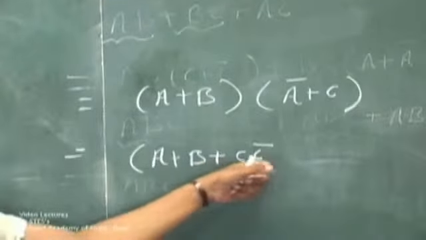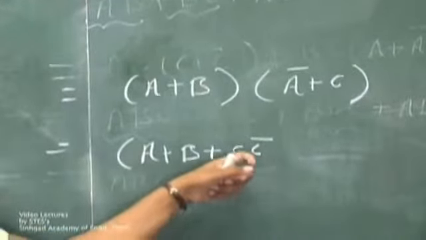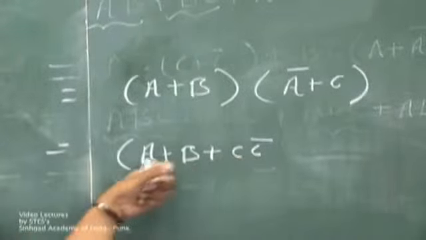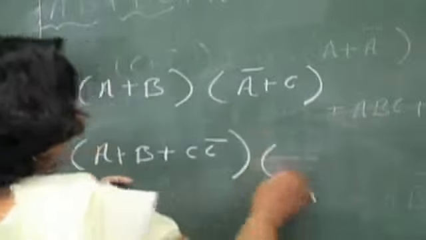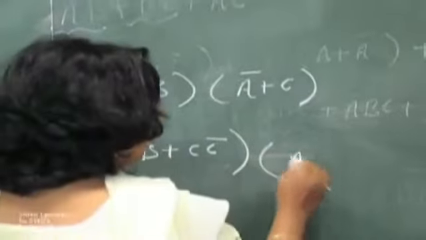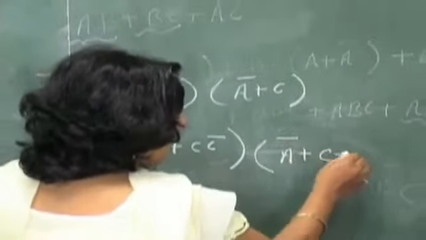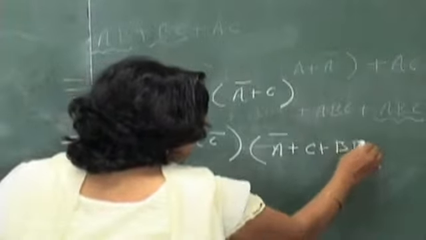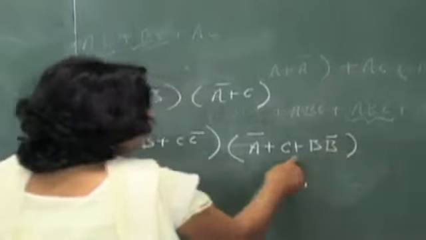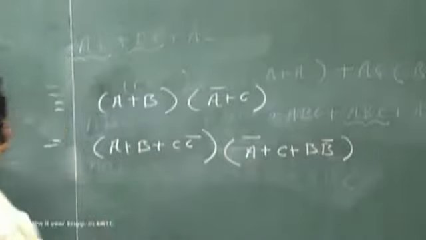So if we see C into C bar is 0, so it will not make any change in the given equation. Similarly in the next one B is missing, so A bar plus C, and I am ORing B times B bar with the given literal.